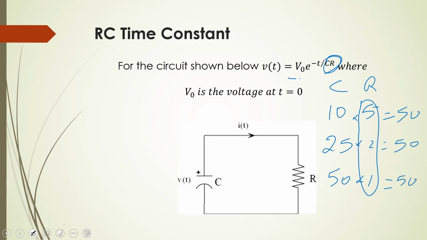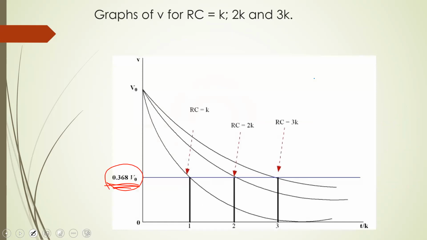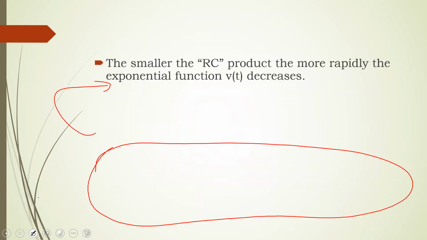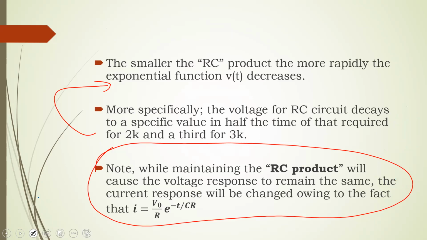So it means that this curve would remain the same, because remember, V0 is not changing. So the curve itself would remain the same, wouldn't change. However, because I is equal to V over R, the current value would change, but the curve would not change.